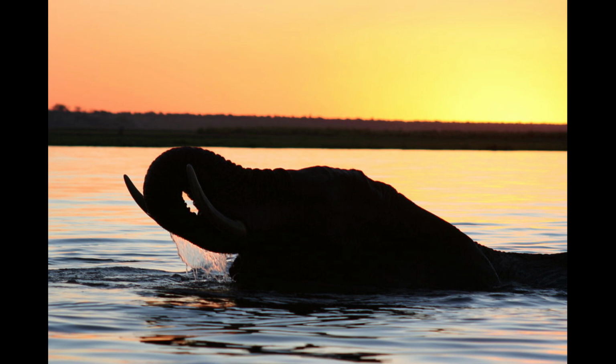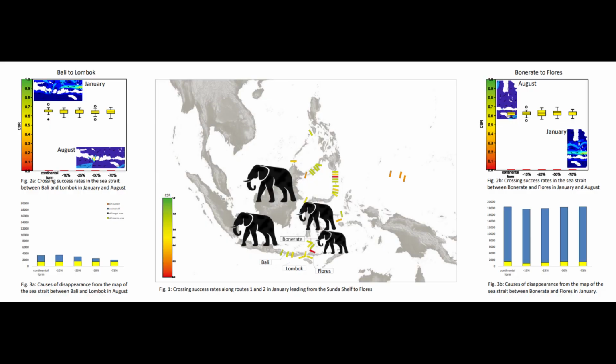Now, this is, of course, a model. They've done a model here. This is not necessarily a guarantee, but the estimates of crossing success from this model are in the 60 to 65% range, even for animals that have undergone insular dwarfism and shrunk down to a mere 920 kilograms, which is about 25% of the mass of the normal estimated size of stegodon.